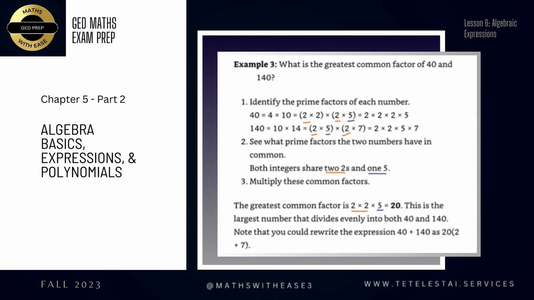Again, if you multiply the greatest common factor by 2 and 7, you would get the expression 40 plus 140, because 20 times 2 is 40 and 20 times 7 is 140. There are just different ways of expressing the same set of numbers, basically. And I think that once you memorize your multiplication table, this will be a lot easier to see.